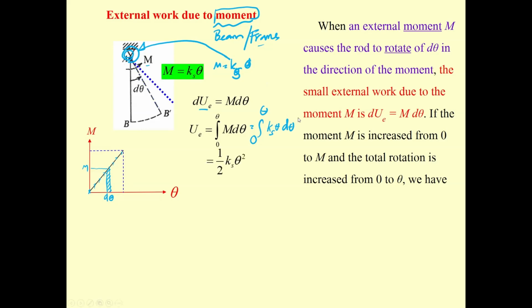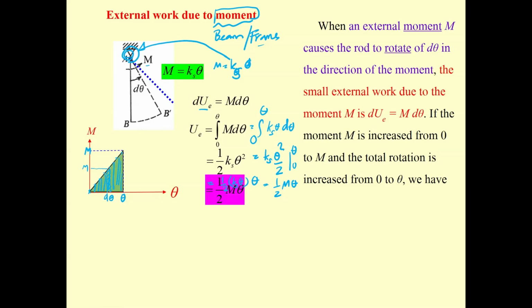Then you get Ks theta squared over 2 from 0 to theta. Then this term is 1/2 Ks theta times theta, which is going to be 1/2 times M theta. That's going to be the area under the curve with M and theta, which is the external work.